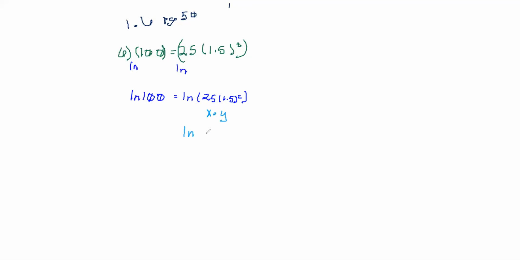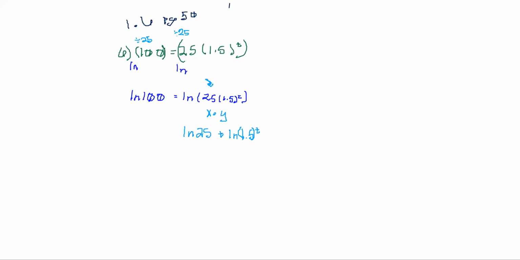I would make this the natural log of 25 plus the natural log of 1.5 to the t. So is the way I'm doing it going to get me in trouble? Because I divide out the 25 before I even add in the natural log. Oh, if you were to do that, then you'd be fine. If you were to divide by 25 up here, then you're A-okay and you'll be fine. Okay, thank you. But once it is inside the natural log, you have to separate it out like this.